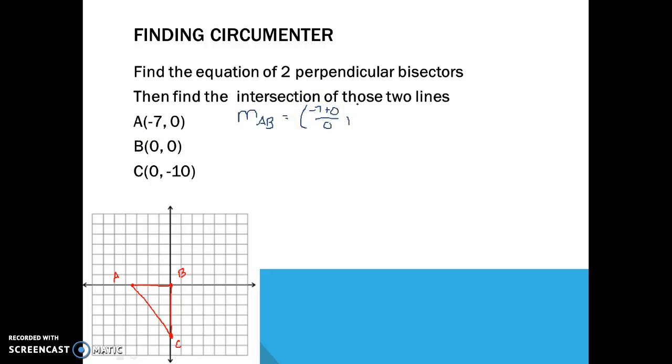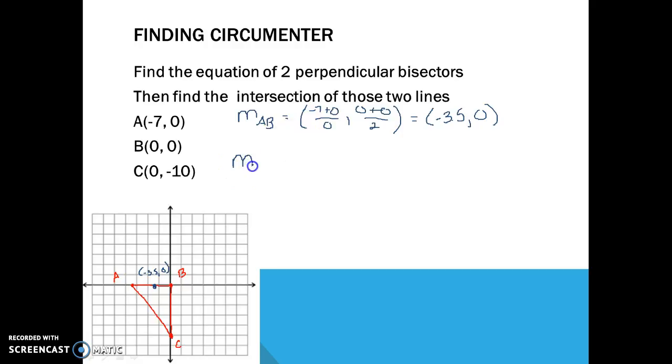Then we add up our y's, 0 plus 0, and divide by 2. So the midpoint of segment AB, this horizontal segment right here, is (-3.5, 0). So -3 and a half is right about right there. That's (-3.5, 0).